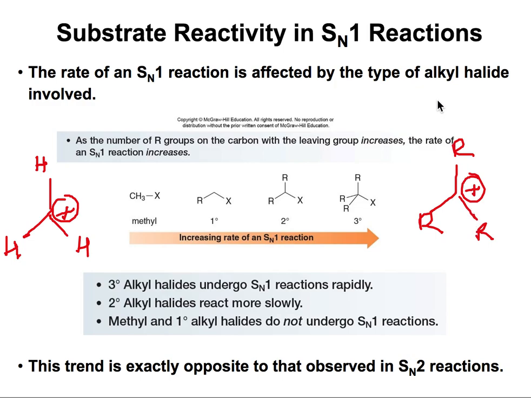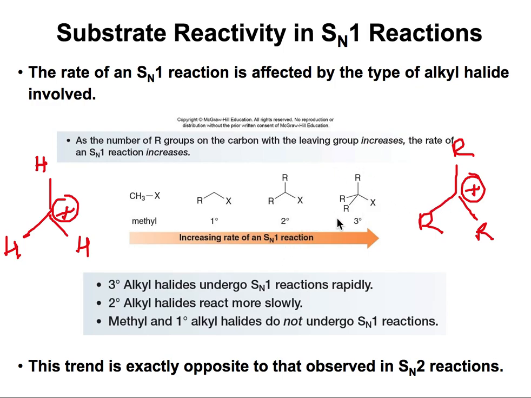So a reaction that starts with a tertiary alkyl halide always will go through an SN1 reaction. And a reaction that has a primary alkyl halide always will go through an SN2 reaction. But a reaction that has a secondary alkyl halide, it depends on the nucleophile and the solvent that you use for the reaction. So I'm going to say that one more time.